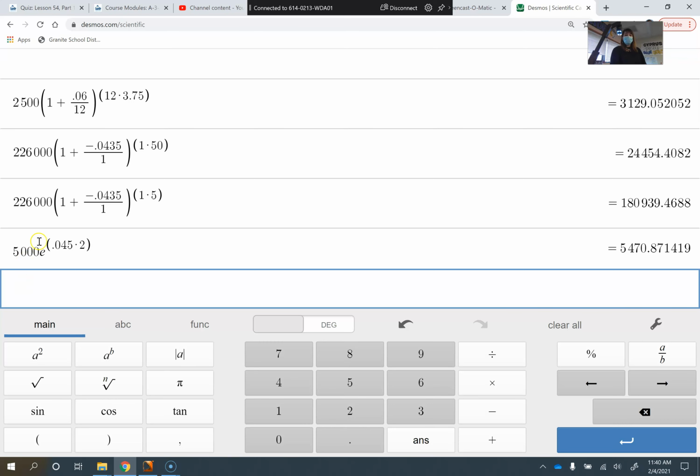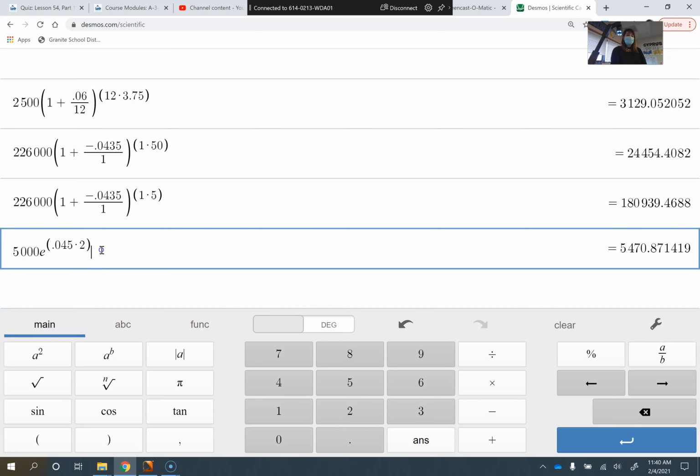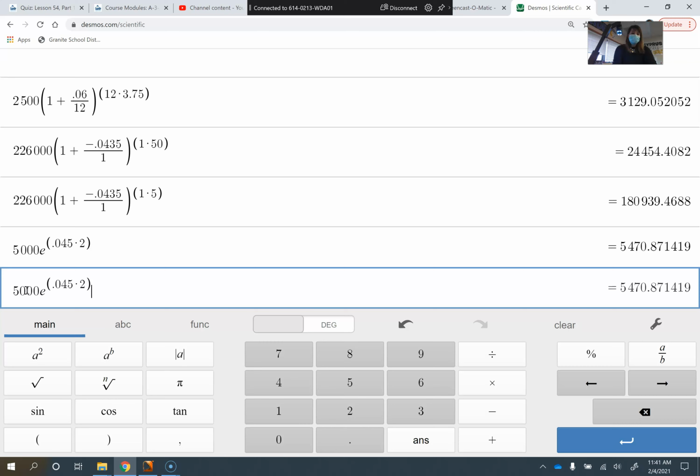So if I'm using Desmos, I'm going to come back and I'm going to copy this last one that I plugged in. So I'm going to hit Control C, and then I'm going to Control V into the bar where you enter in your stuff. And we're going to change 2 to what? 10.